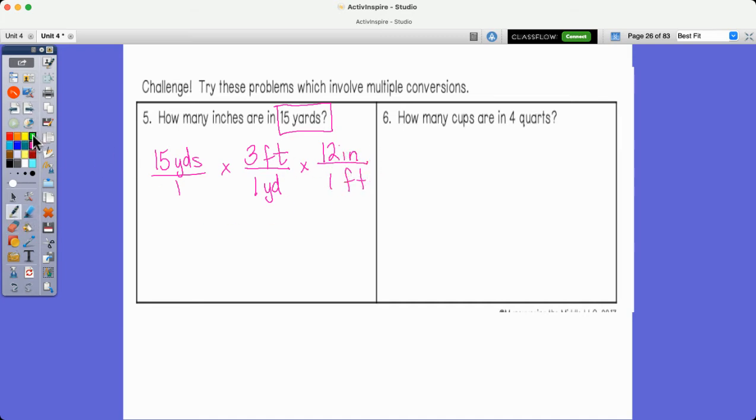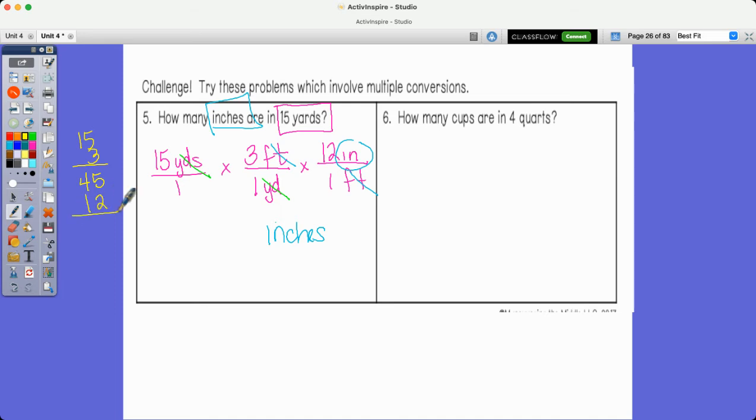Now, let's start looking at this carefully. I can cancel out my yards, correct? And I can come back and I can cancel out my feet. Did we do it right? Because what I want to be left with is inches. Yes, because the only unit I have left is inches. So I need to multiply all this out. 15 times 3 is 45.